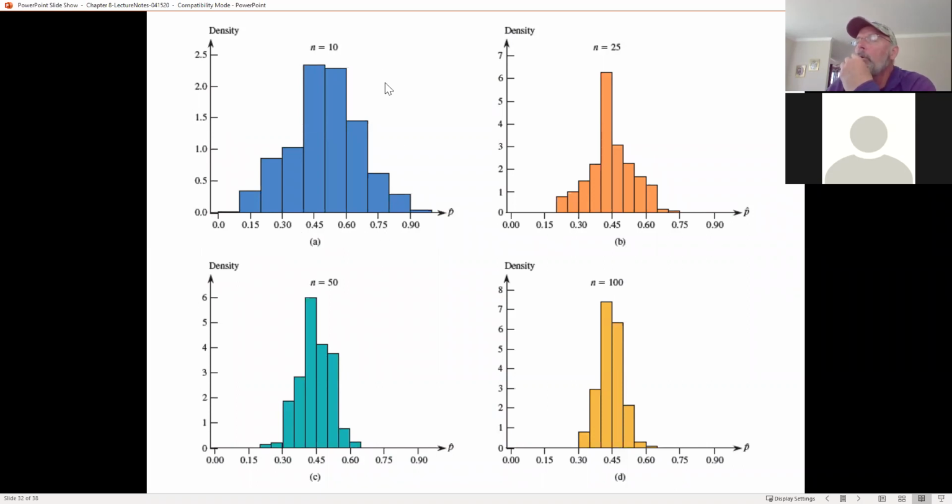So a sample size of 10 brings us with this sort of histogram. It looks very symmetrical. It's bell-shaped, and it has a center sort of right around 0.43, I think it was, or 0.4344.